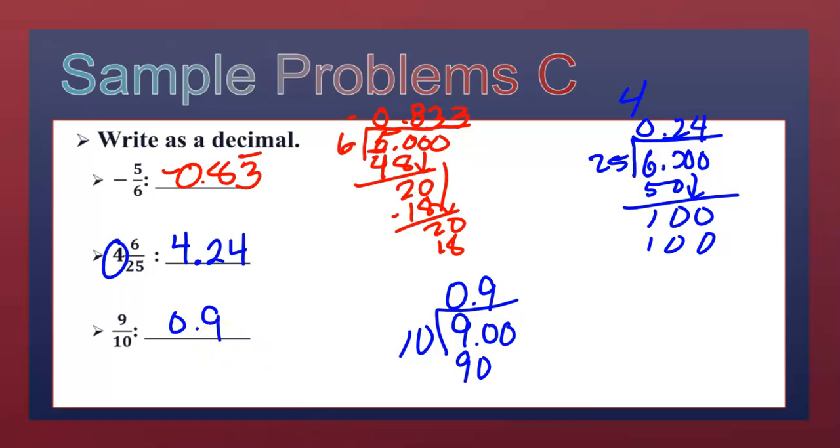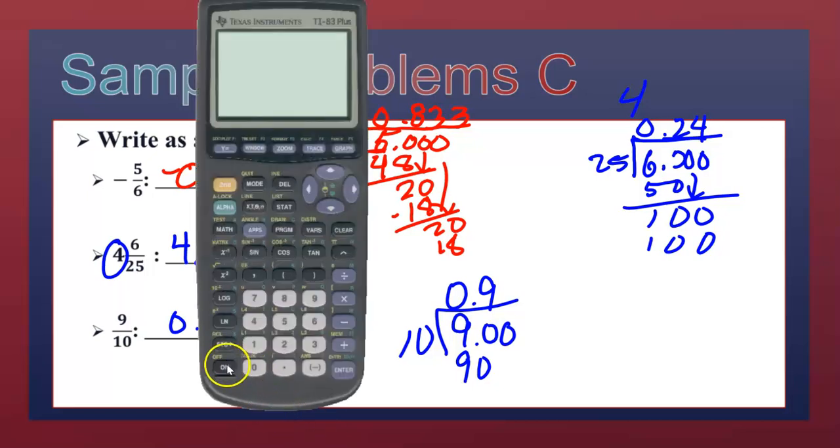Now, if you had a calculator, you can always put that on your calculator. So if I did negative 5.6, you can see it is negative 0.83 with the 3 repeating. And if I hit the math button and did number 1, I could put that as a fraction again. Or if I hit math another time and do number 2, which says decimal, I can convert that to a decimal there.